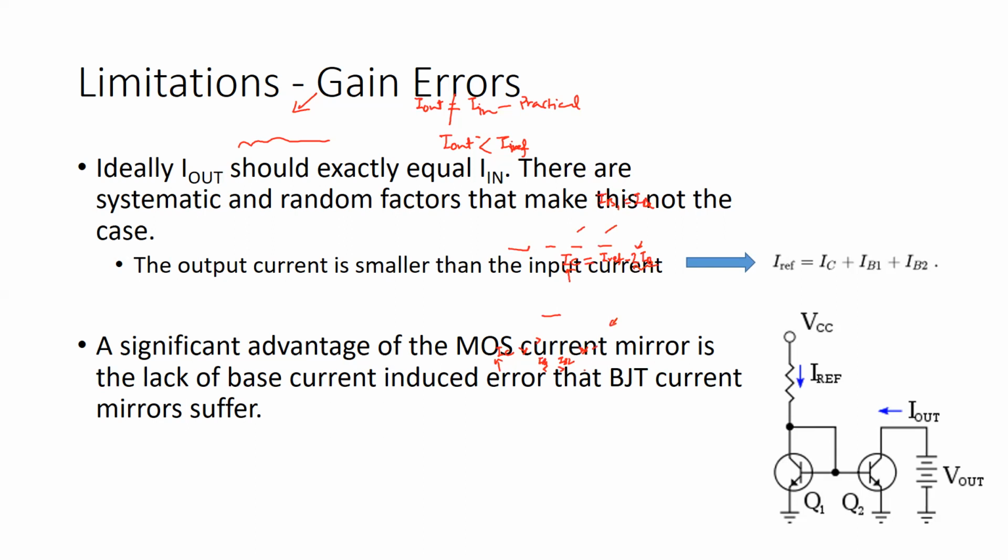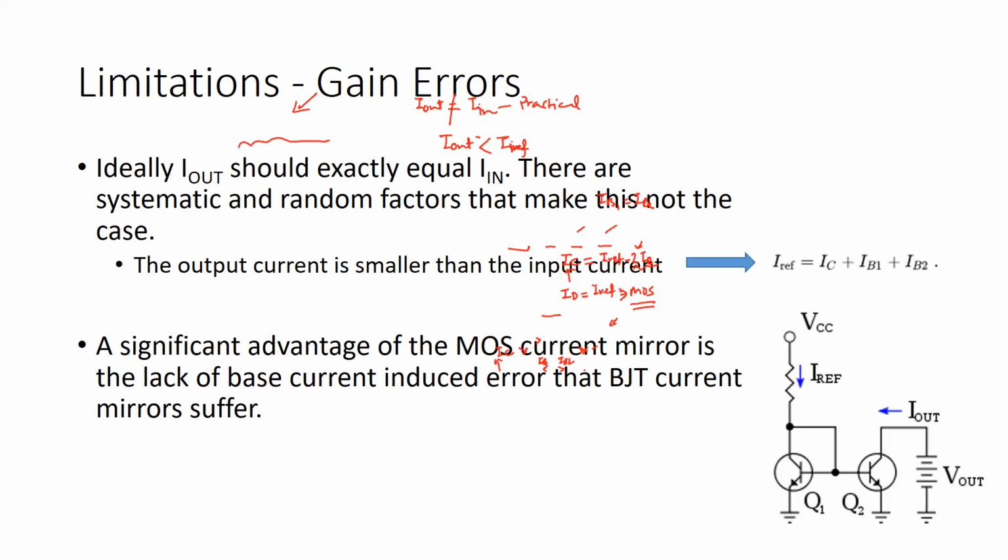In case of a MOSFET transistor, there is no concept of base current. The gate is insulated. Therefore, you can expect that I out, that is the drain current, will be exactly equal to your reference current in the case of MOS transistors.